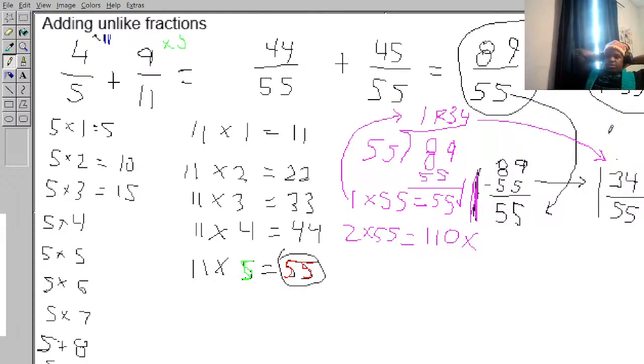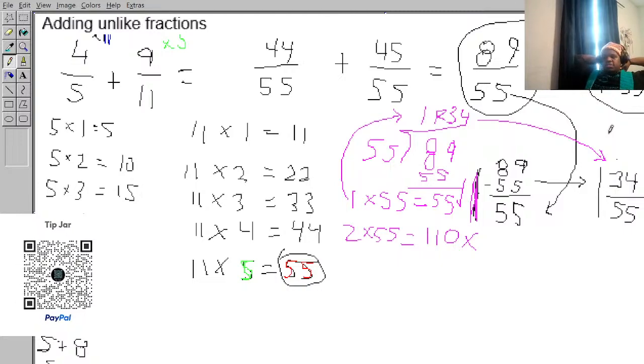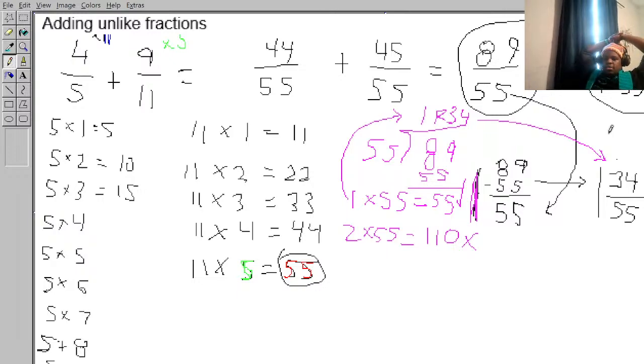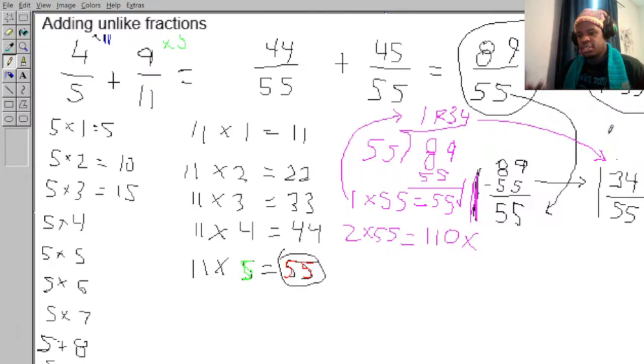I'm sorry for the weird colors, but I'm just trying to show you guys the math on this. It's complicated until you get it, but once you get it, you get it. And then you start to get faster and better. With practice, you start to just pick up on these small steps.